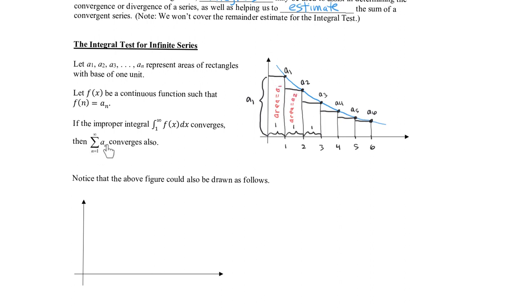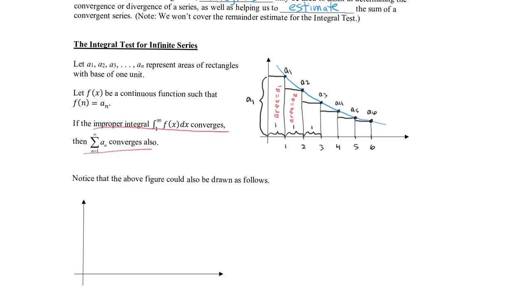The sum of these rectangle areas is going to be less than the area under the curve of this function here, and you can see it just by looking at the picture. So the takeaway is this: if the improper integral converges, then this series converges also.